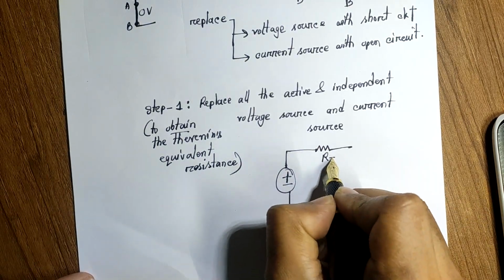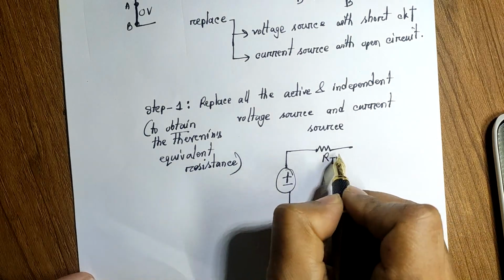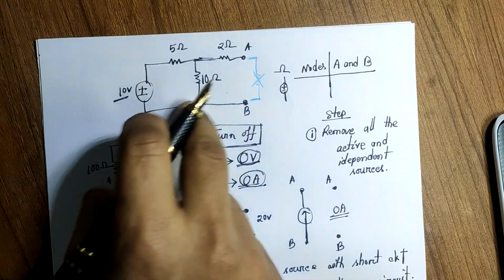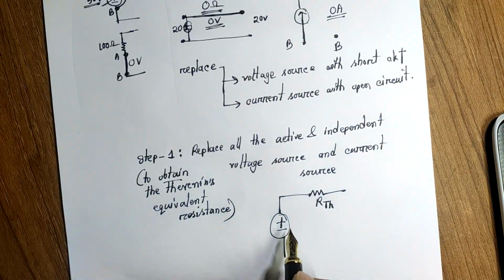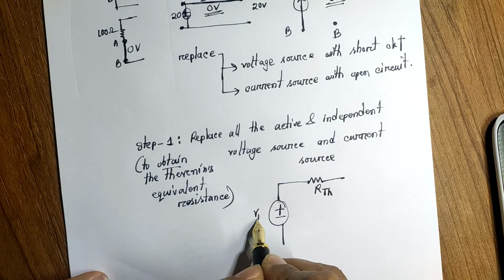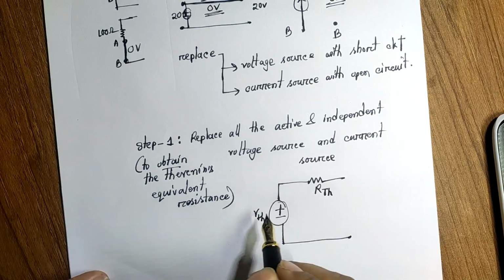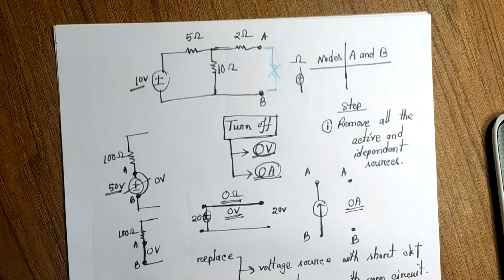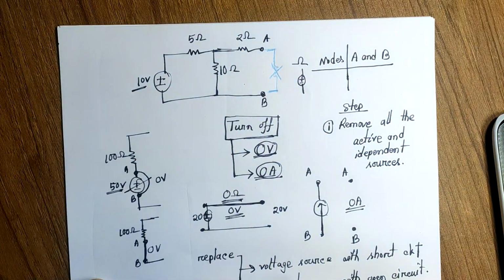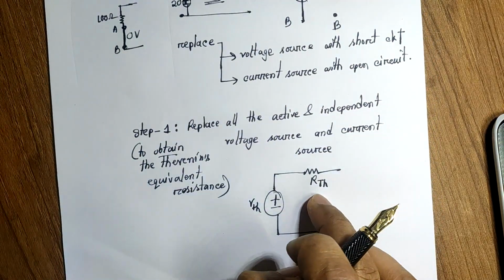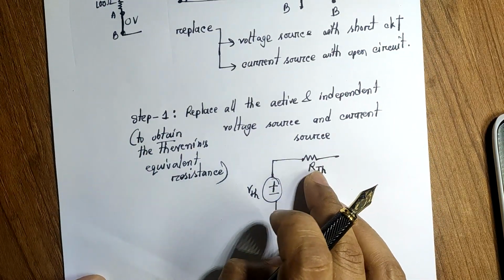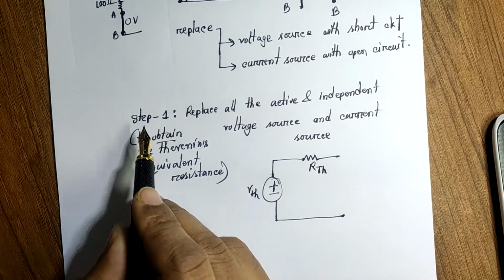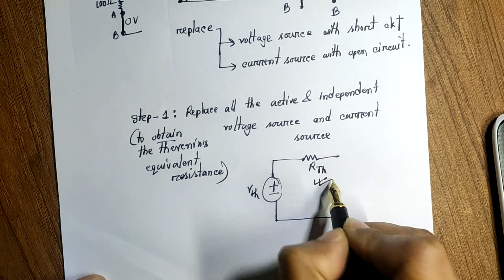This resistance is called RTH, or Thevenin's equivalent resistance of a big circuit, like this one. And there is a voltage source which is called VTH, and VTH is the equivalent voltage source for the big circuit. So by Thevenin's equivalent resistance we mean this resistance, and Thevenin's equivalent voltage means this voltage source. Step number 1 will help us to determine the value of RTH.